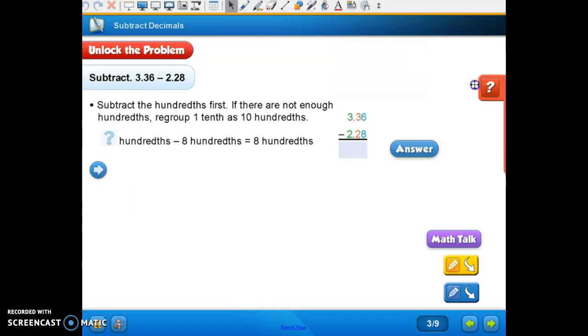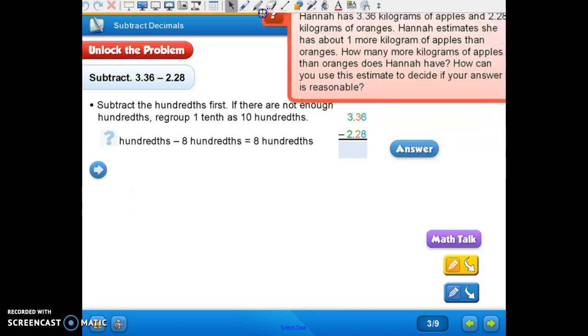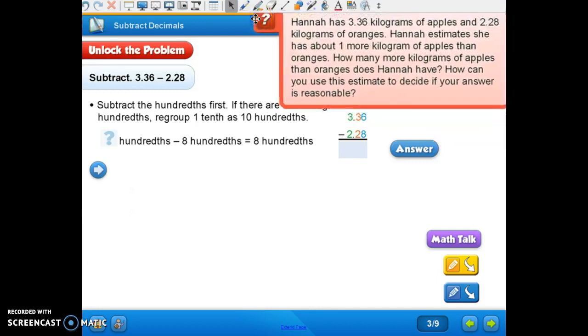So here is our question for today. It says, Hannah has 3.36 kilograms of apples and 2.28 kilograms of oranges. Hannah estimates she has about 1 more kilogram of apples than oranges. How many more kilograms of apples than oranges does Hannah have? How can you use the estimate to decide if your answer is reasonable?